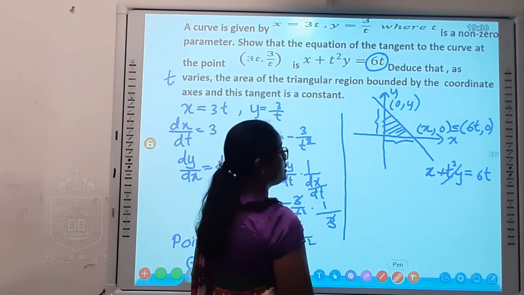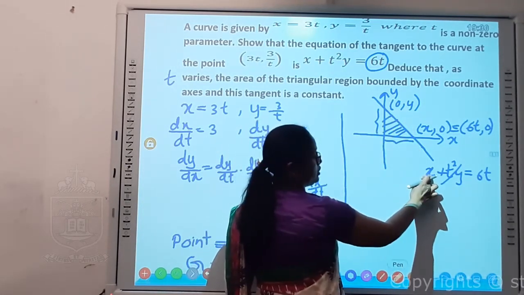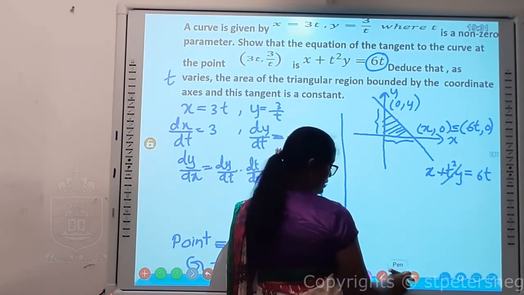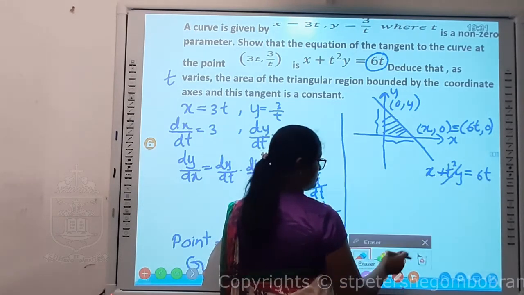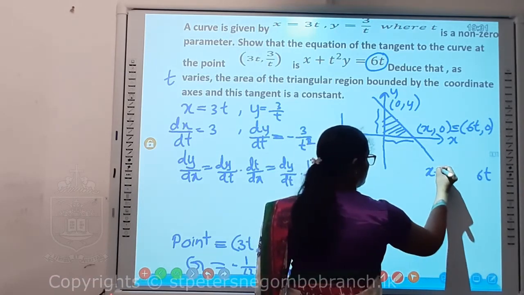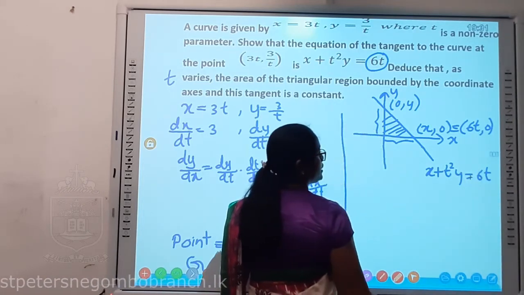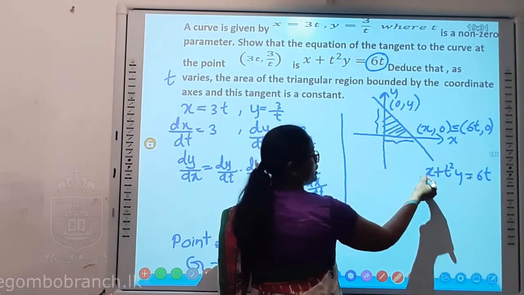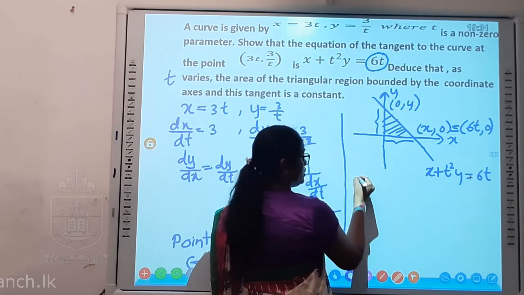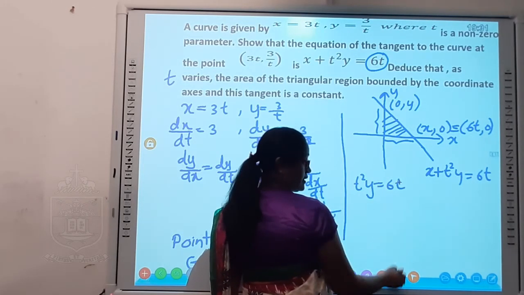And then the next one, to find the y value here, I just put 0 into the equation: x plus t squared y is equal to 60. So to find this y, I put 0 for x here. If I put 0, t squared y is equal to 60.